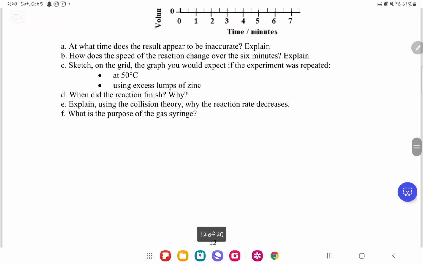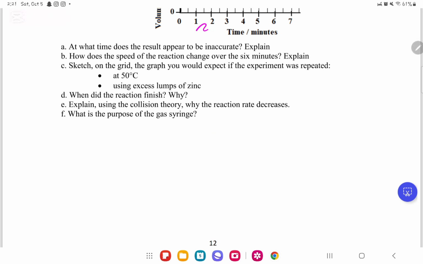E. Explain using the collision theory why the reaction rate decreases. So, according to the collision theory, as time goes, the initial concentration of the hydrochloric acid decreases.